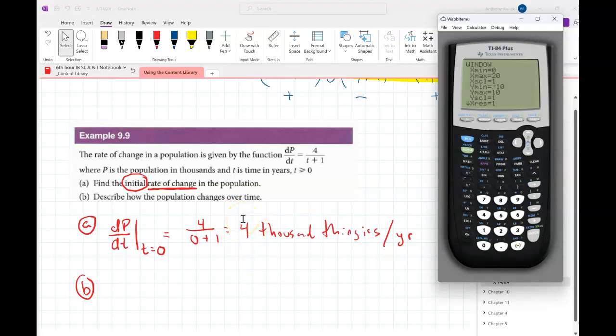And I know that if t has to be a positive number, 4 over t plus 1 has to be positive also, right? As long as t is restricted to be a positive number, which it says right here. So maybe I'll just go 0 to 10 or something, and then I'll just hit graph.